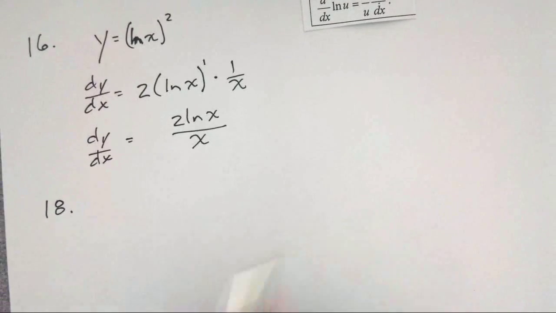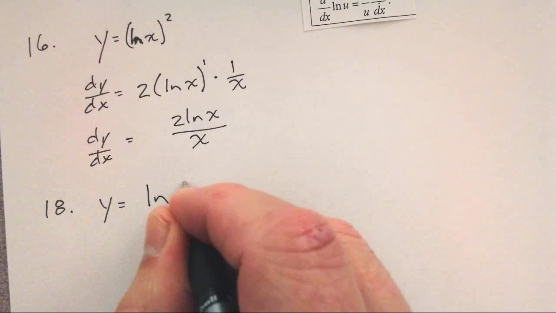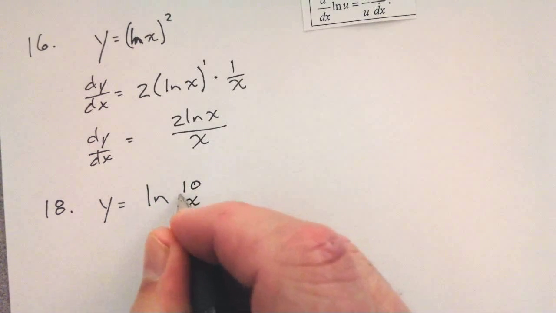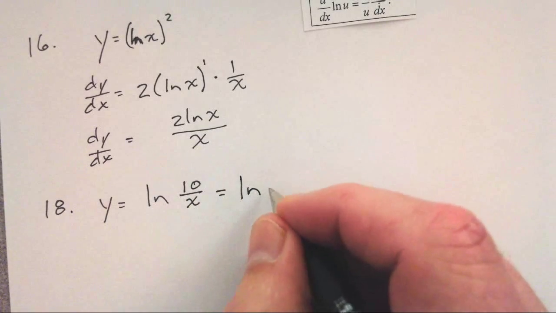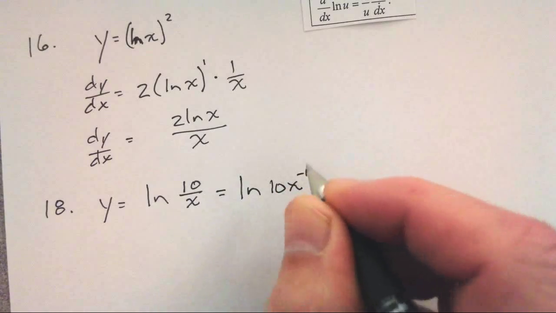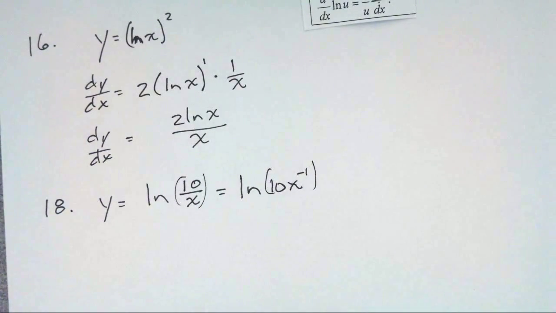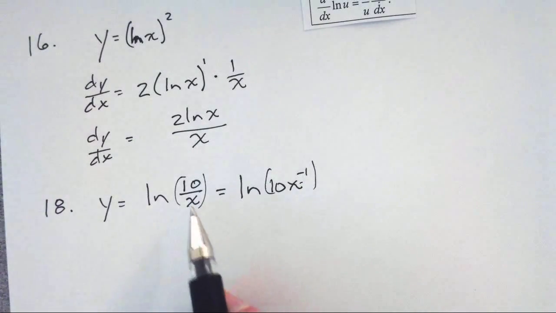18. y equals, just specializing in ln's right now, ln of 10 on x. And we may want to think of that as ln of 10x to the negative first, because I know my inside function, I'm going to want that inside derivative at some point. I like taking it in this. You could quotient rule it from here.